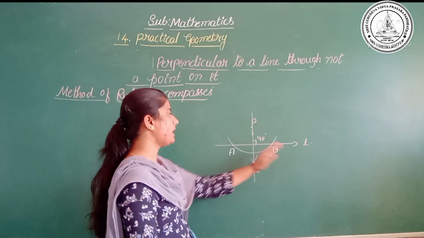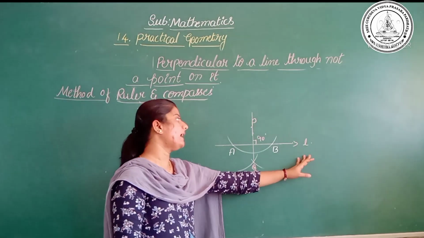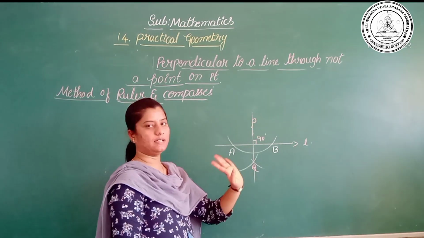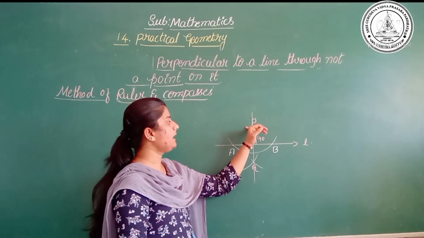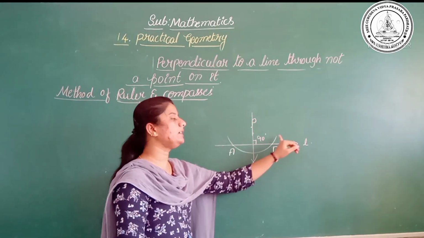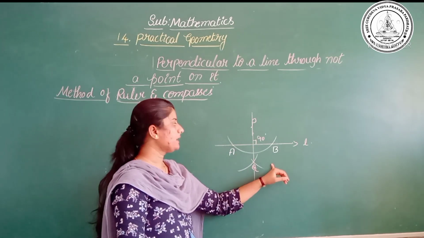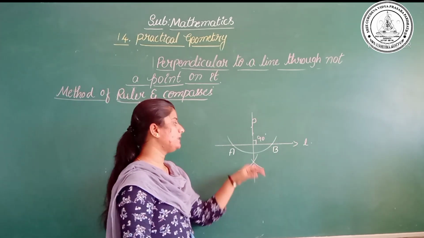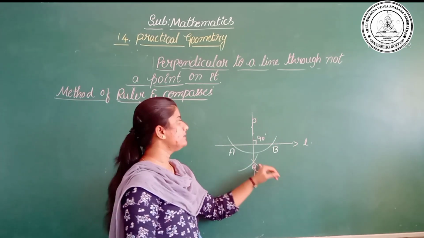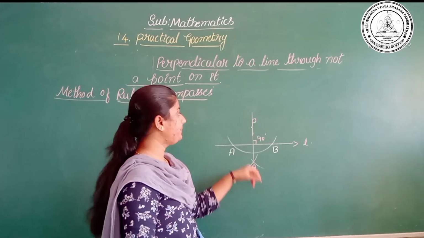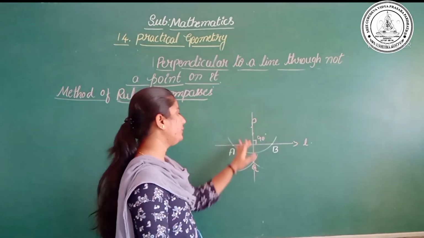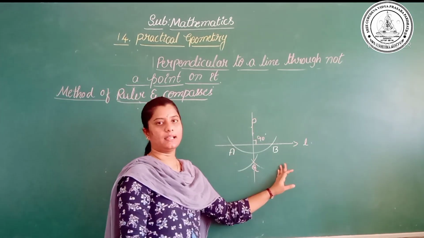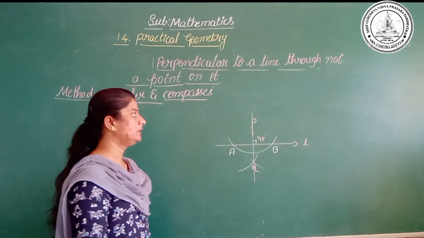Once again, first draw a line segment L and mark a point P outside the line, not on L. Take a suitable radius so that it intersects at the points A and B. With the same radius, draw an arc from A and from B, and we get the intersecting point Q. Join the points P and Q using the ruler, and you will get the perpendicular lines. So PQ is perpendicular to line segment AB. Clear?